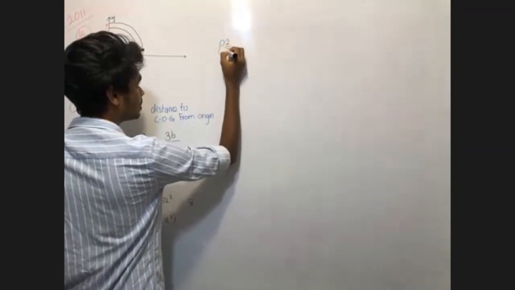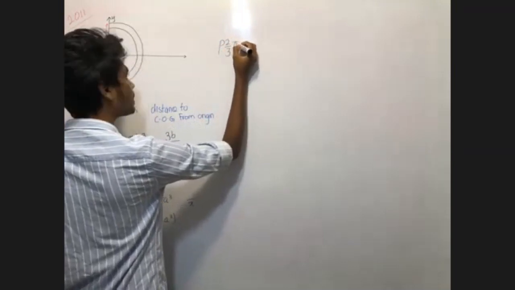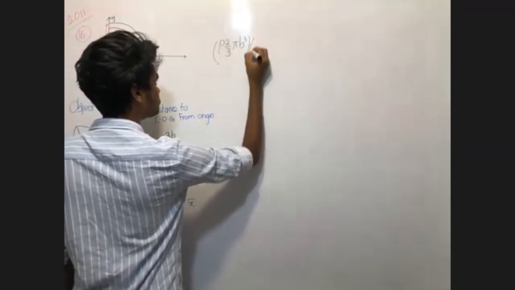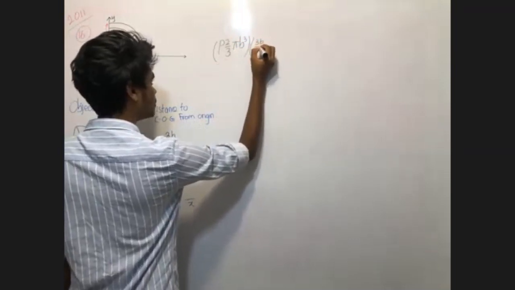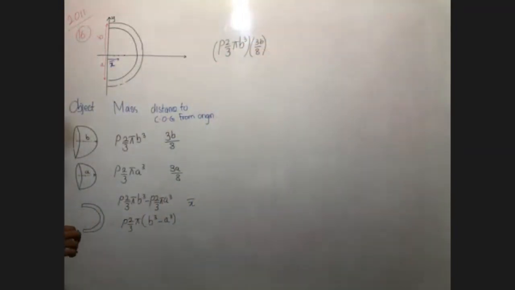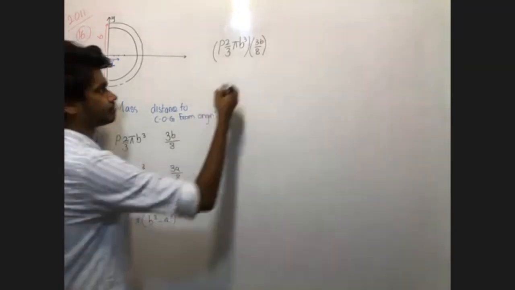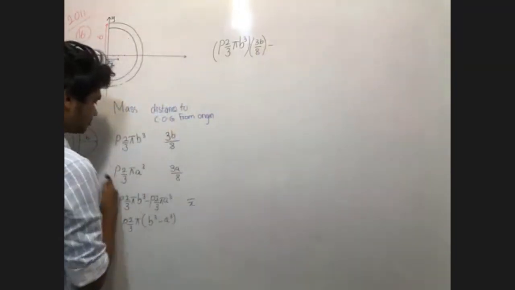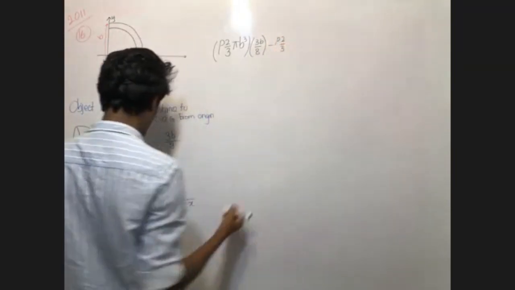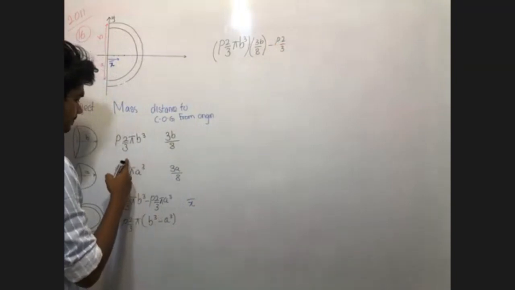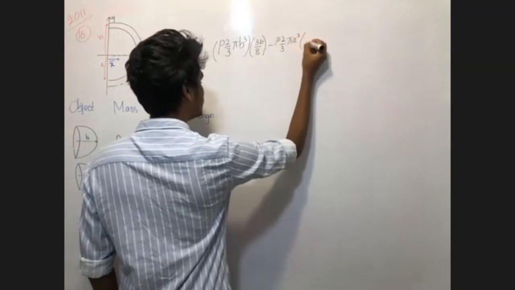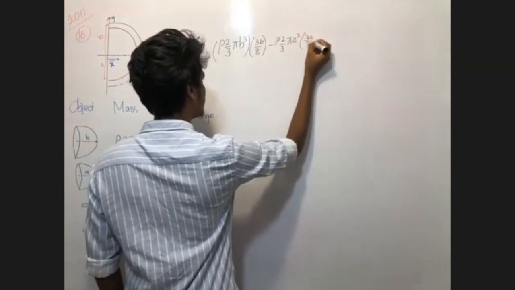Rho 2/3 pi B cube into 3B over 8, minus this product, right? Minus rho 2/3 pi A cube into 3A over 8.